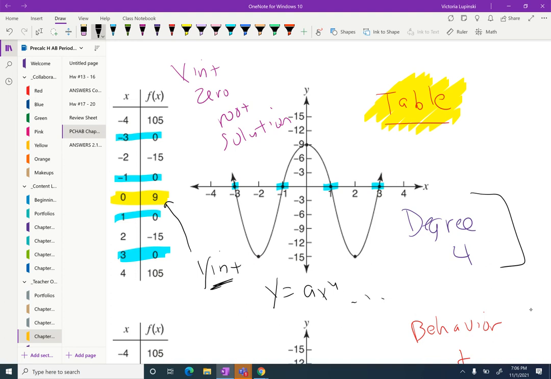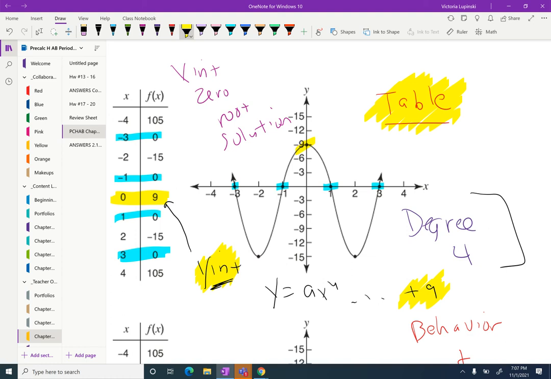At the end. So no matter what had to go in between, I'm going to end with a +9. So very important that you know that anything that's 0, something is the y-intercept. That is the constant value that appears at the end. And of course, this is the y-intercept that's right here.